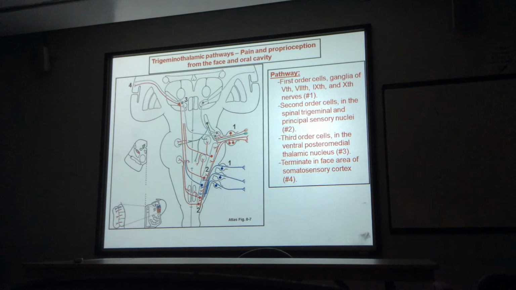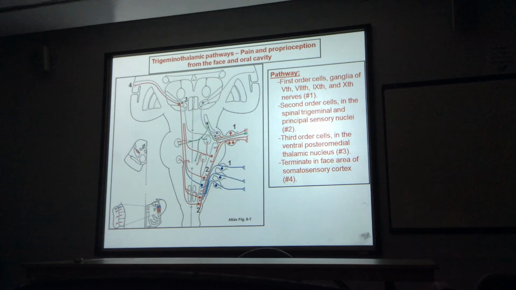Okay, let's look at trigeminal pathways for a minute. And again, Dr. McCulley mentioned a lot of things about this, so I'll kind of put this as a summary. The incoming sensory fibers originate from neurons located in the trigeminal ganglion, the ganglion of the 7th nerve, the 9th nerve, and the 10th nerve.